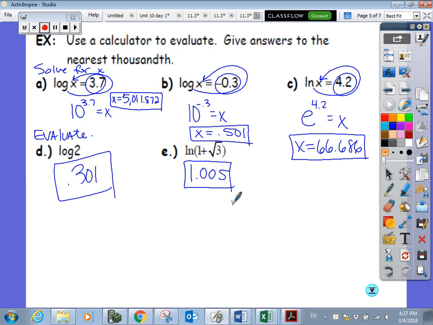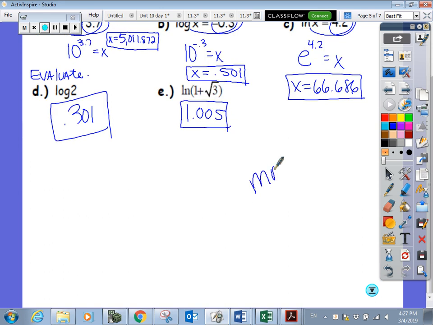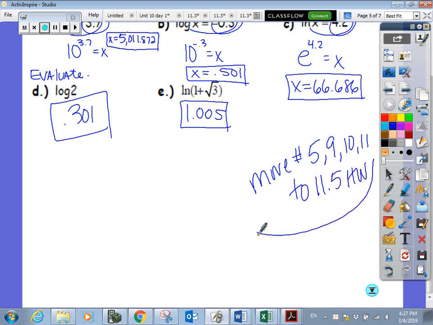Now, on your homework for tonight, don't get rid of them because you're going to do them with your 11.5 homework. But on your homework tonight, we're going to move numbers 5, 9, 10, and 11 to the 11.5 homework.